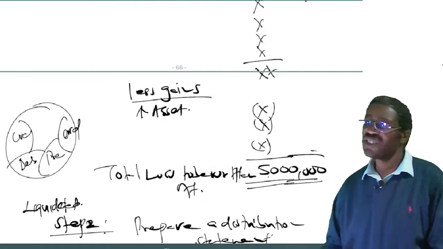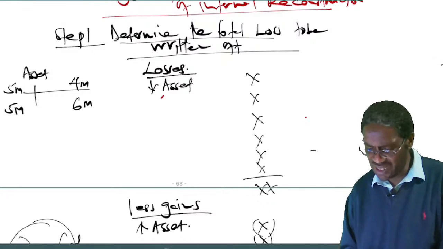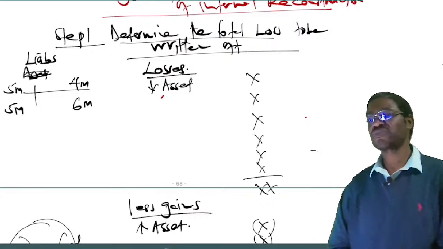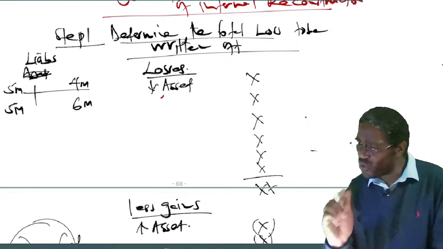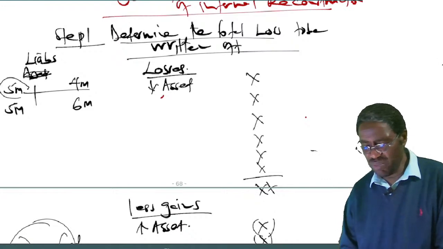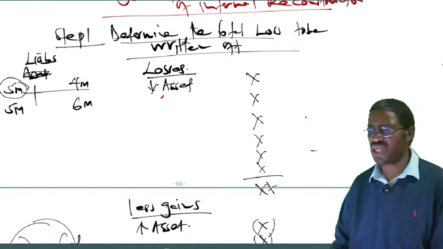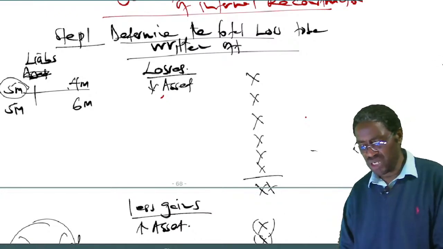Good. Another one. What if these now are not assets? What if these are liabilities now? So, one of your liabilities was in the books at 5 million, but after reconstruction now, it will go back into your books at 4 million.